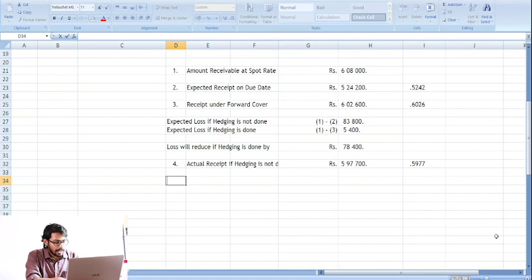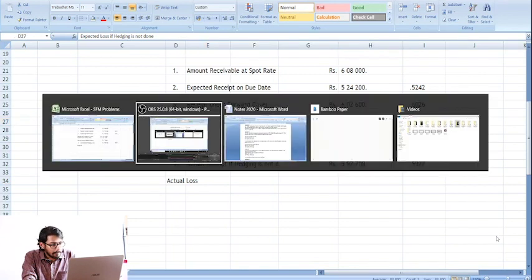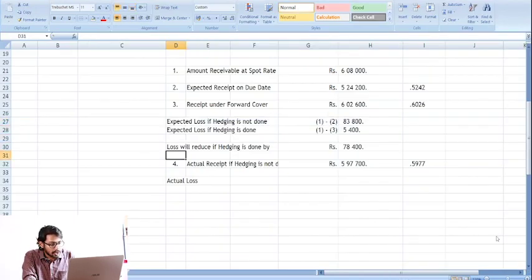Expected loss, or rather actual loss. So over here you have expected loss if hedging is not done. In part 2, they are telling you the actual rates. This is the expected rate, the estimated rates on August 31st. This is the actual rate, the spot rate on August 31st is given. Accordingly, the actual receipt if hedging is not done is 5,97,700.